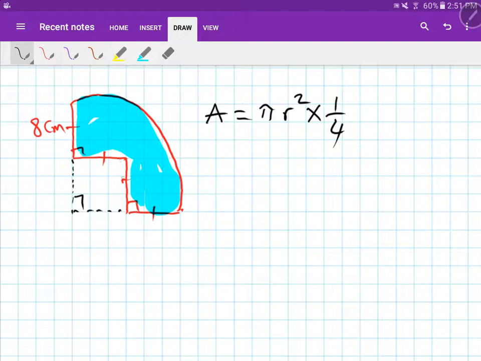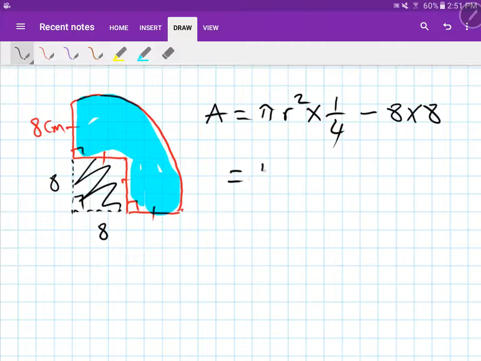You have to take away the square first. This one is the same size, which is 8. So the area of the square is 8 times 8. Now you get pi times the radius squared. What is the radius? The 8 is the square, but we want to find the radius of the circle, sorry.